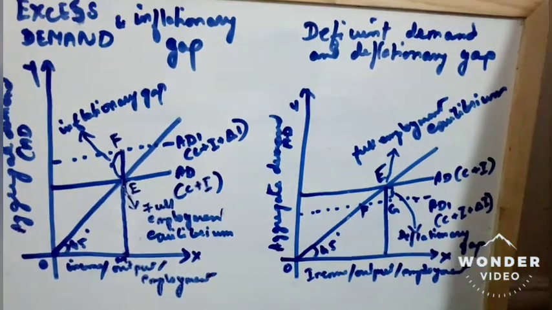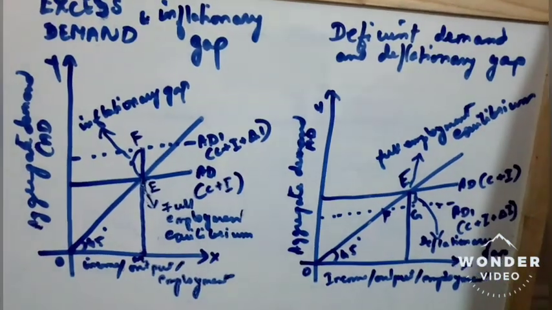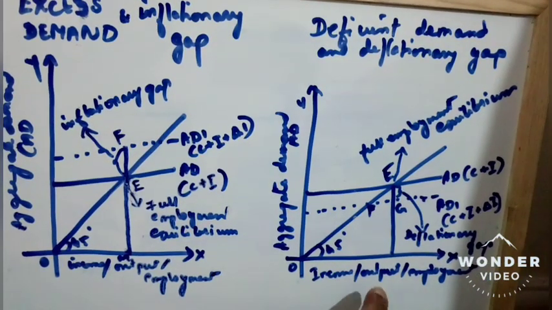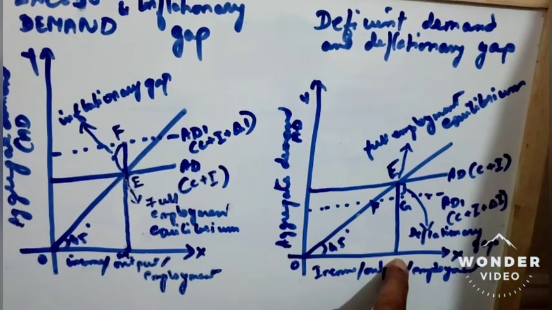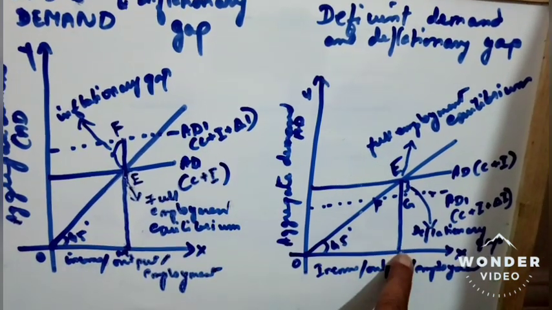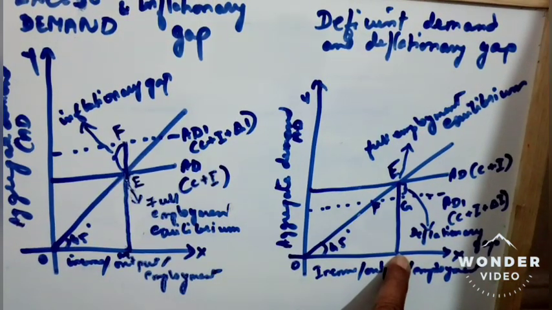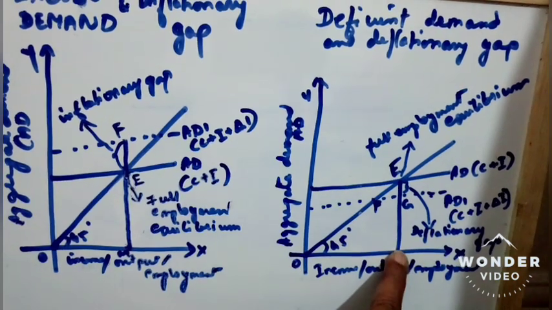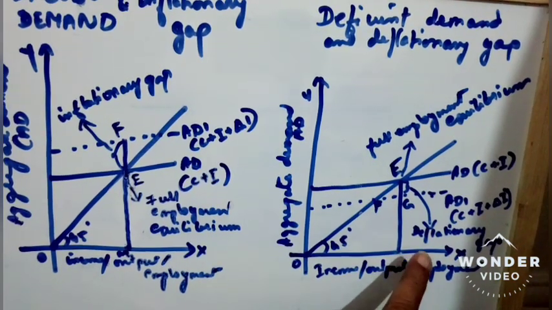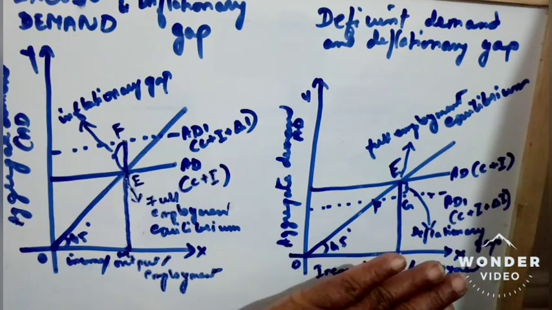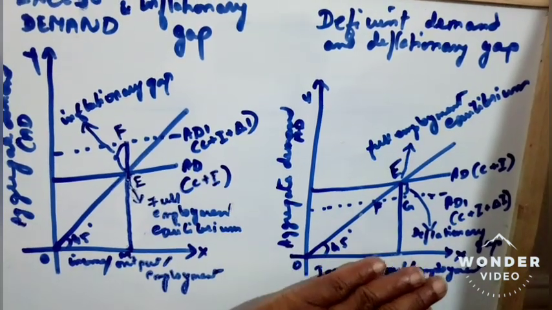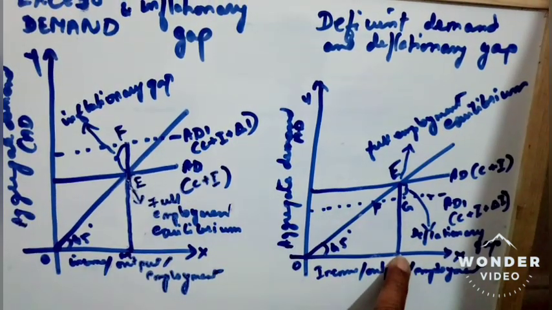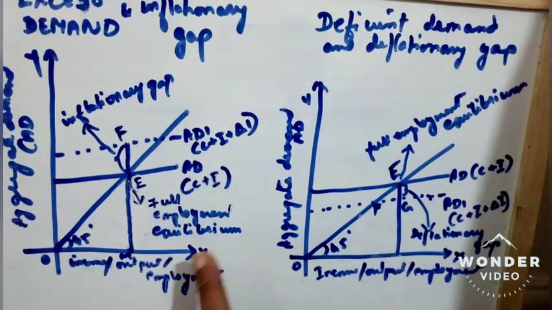E is the full employment equilibrium. So it remains OM. The output and the employment remain the same, because we have used the resources at the fullest level in both the situations.